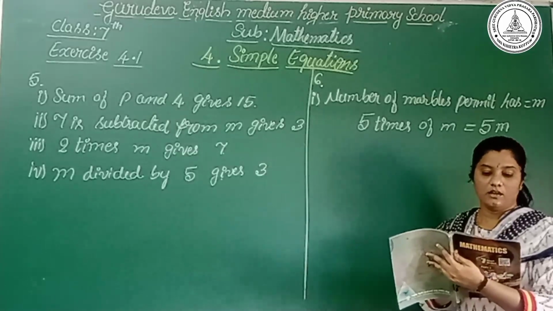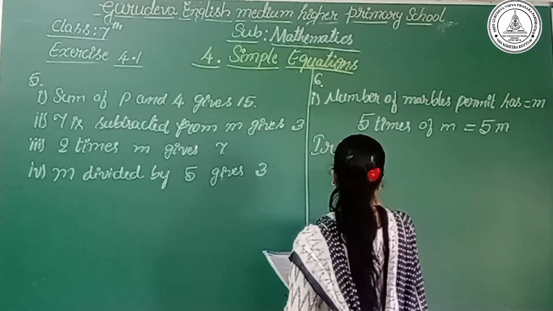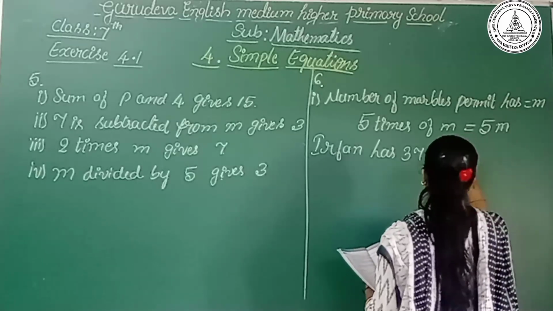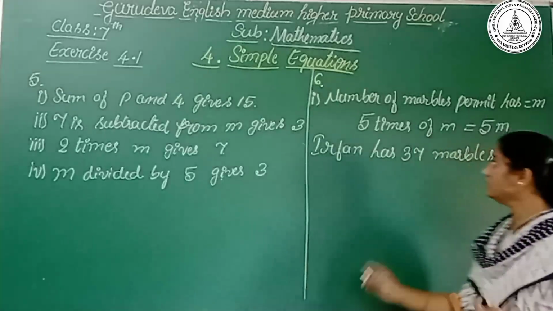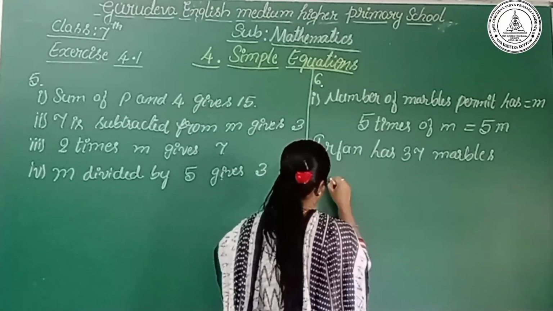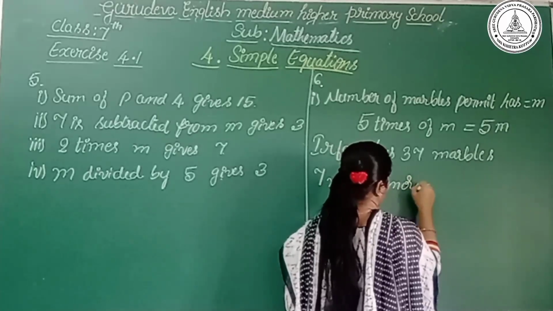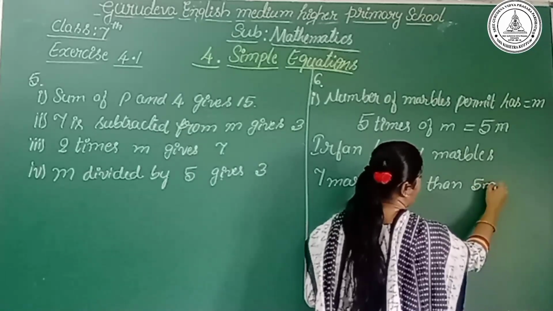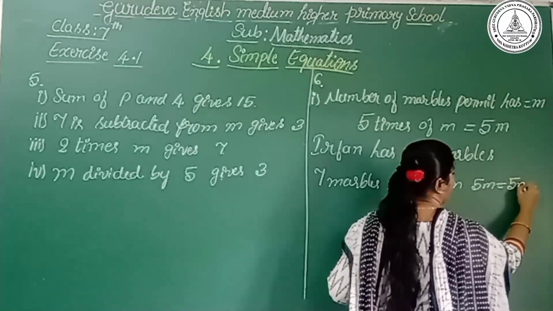And then if Ravi has 37 marbles, then we have to set up the equation here, and they also said that 7 marbles are more than the 5 times m. Then let's write here: 7 marbles more than 5m, which is equal to 5m plus 7.